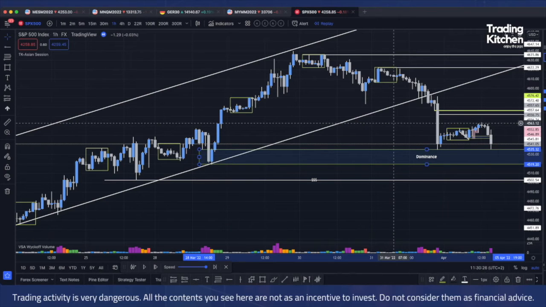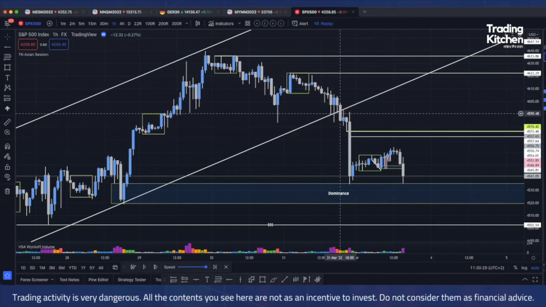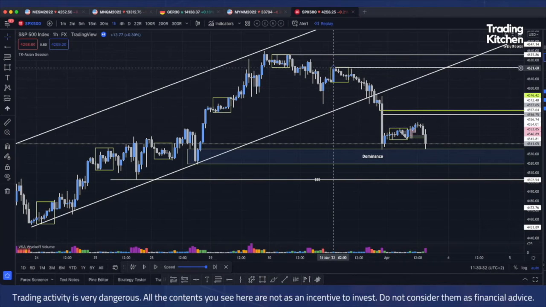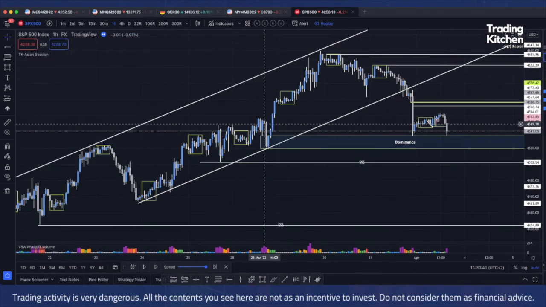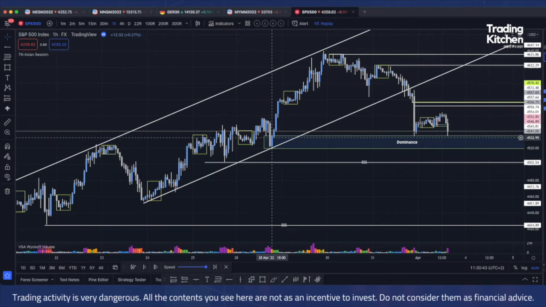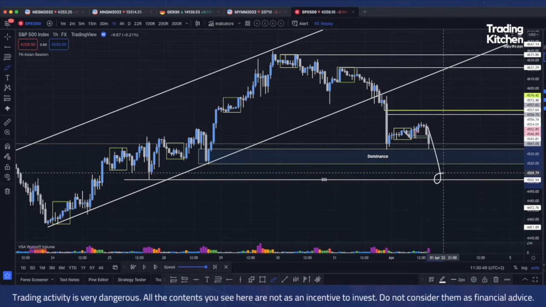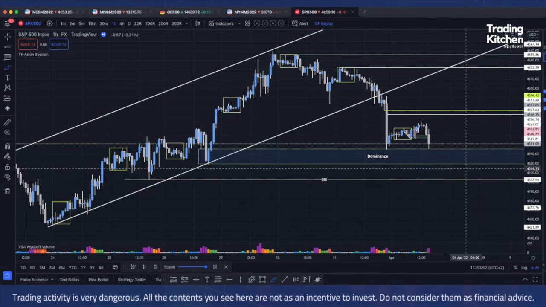So yes, it's true that we have the short structure, the nearest structure is short, but on the main one we are long yet. When price will close here, then the long structure will be bearish and we are going to consider a short.